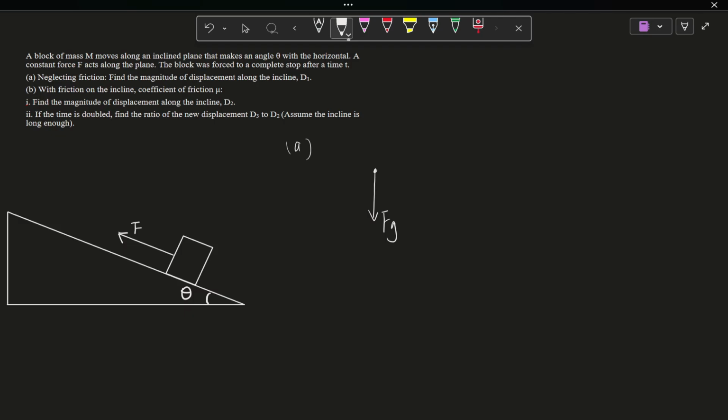The normal force will always be perpendicular to the surface it is contacting with. This is your normal force. No friction force in the A part, so we don't need to worry about it. And there's the action force that is pulling it along the surface. This is action force F.